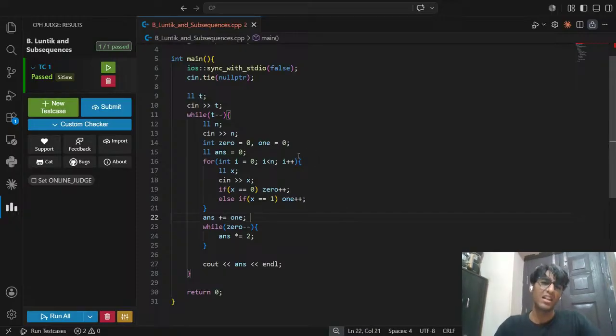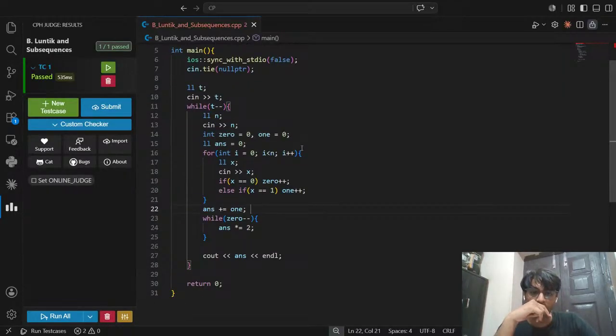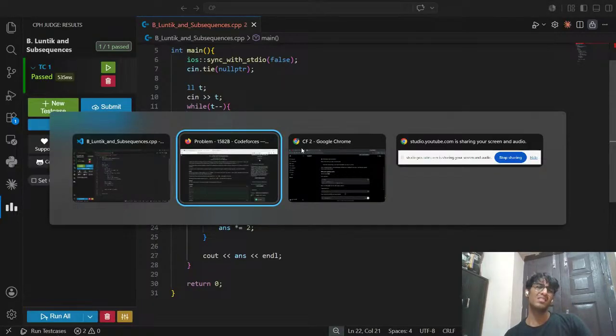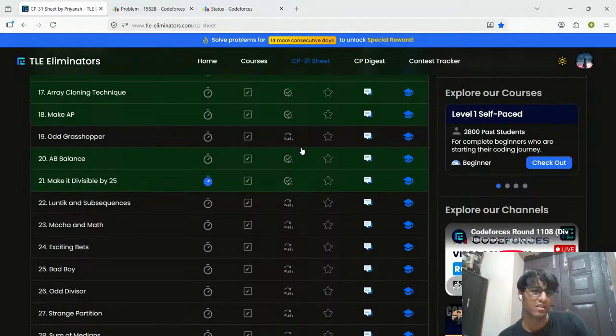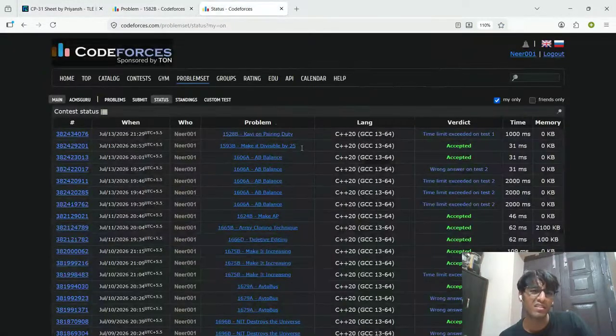That shouldn't happen. That's bizarre. How can there be a TLE in such a solution? 1528B. It's 1582.